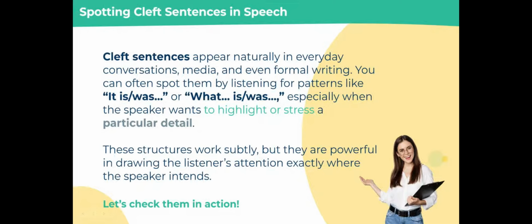Now, spotting cleft sentences in speech. Okay, so comprehension. Cleft sentences appear naturally in everyday conversations, media, and even formal writing. You can often spot them by listening for patterns like it is or it was, and what is and what was, especially when the speaker wants to highlight or stress a particular detail.